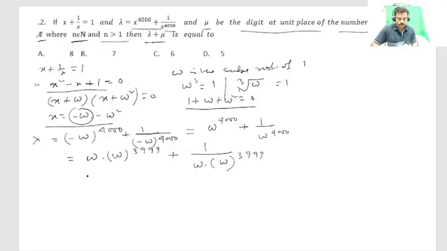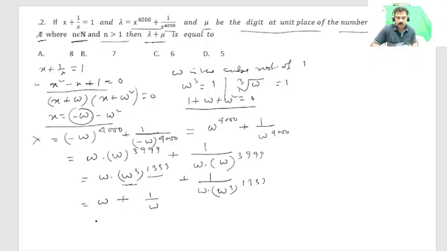That is, here omega cube to the power 1333 times omega, and 1/(omega cube whole to the power 1333 times omega). Omega cube is 1, so any power of 1 is 1, so we get omega + 1/omega.